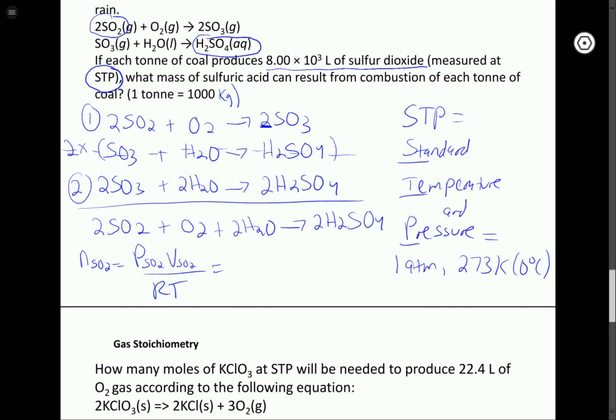So we're going to put those into this equation here. Our pressure is going to be 1 atmosphere with unlimited sig figs, basically. The volume is what we're given in the problem, 8,000 liters. R is still the universal gas constant.